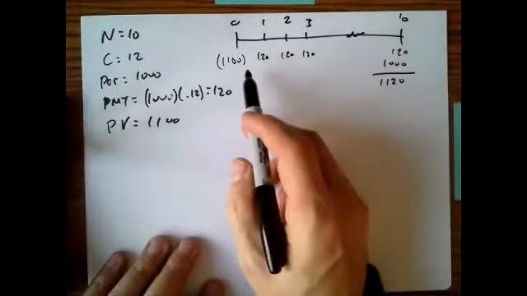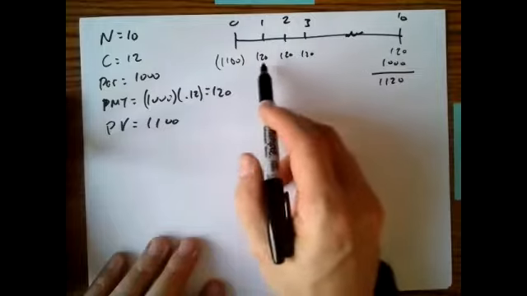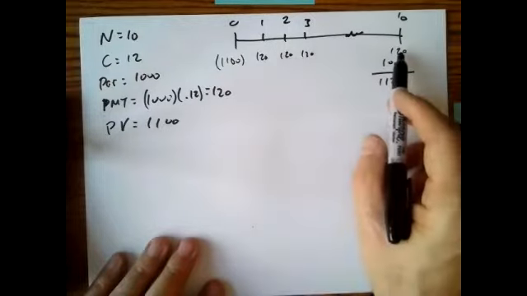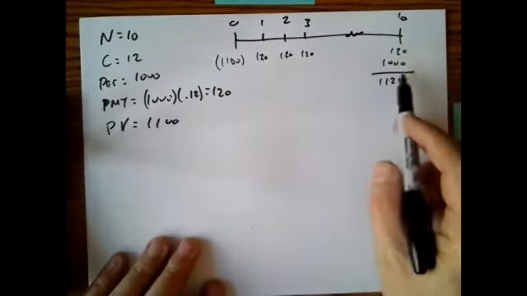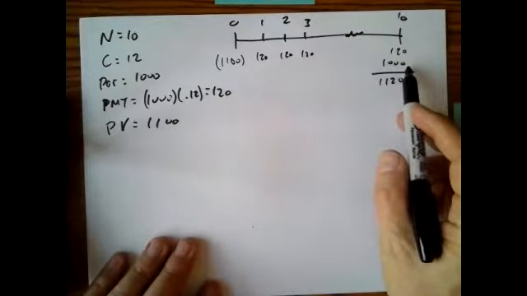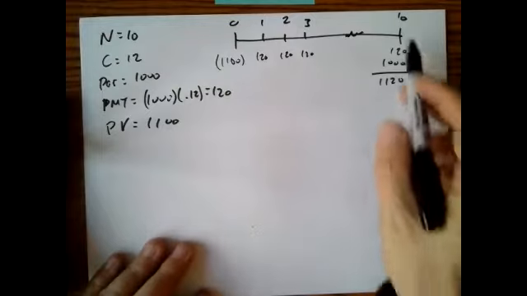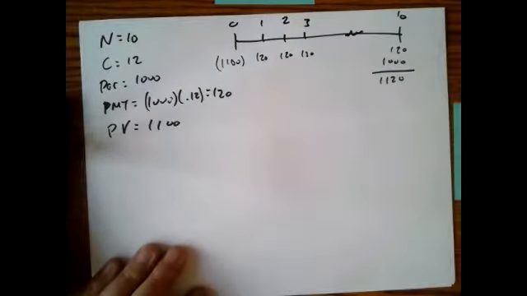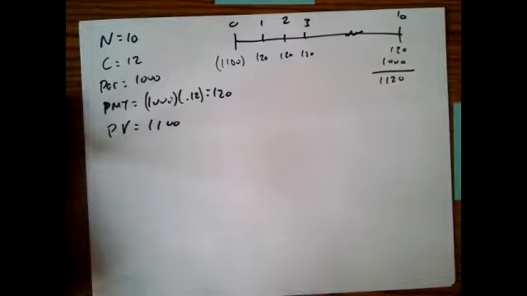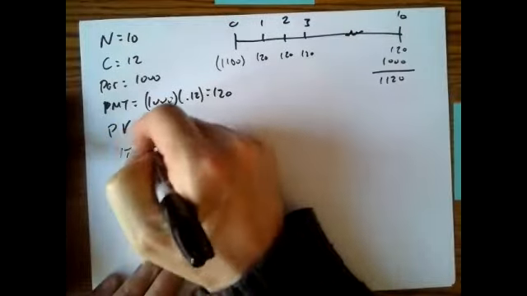So we're buying for $1,100 a stream of 10 $120 payments, plus at year 10 we'll get the $1,000 payment of our par value, for a total of 1,120 in year 10. And so we want to know, what is the yield to maturity?